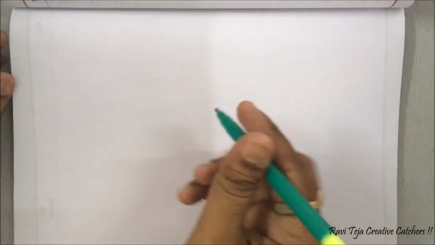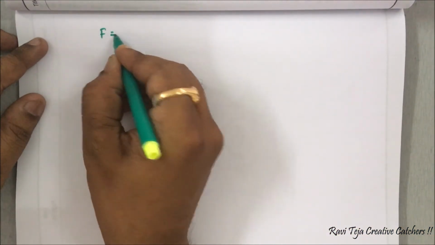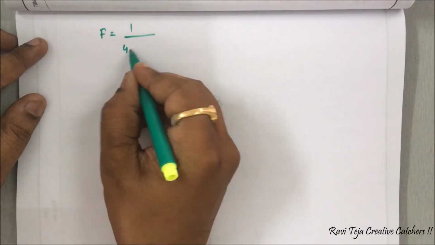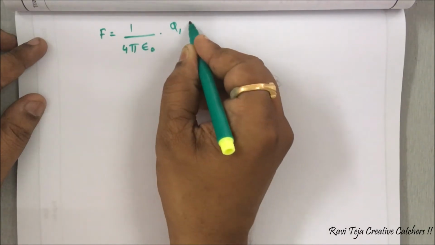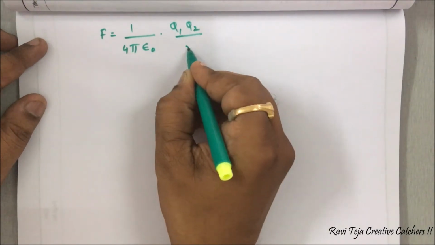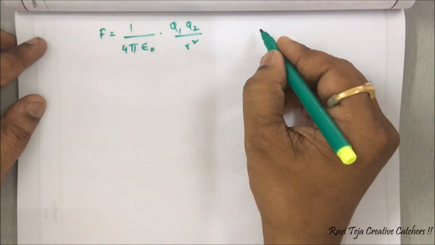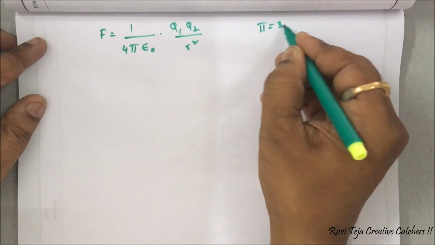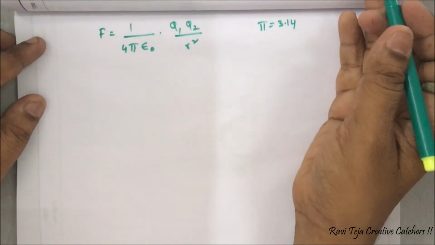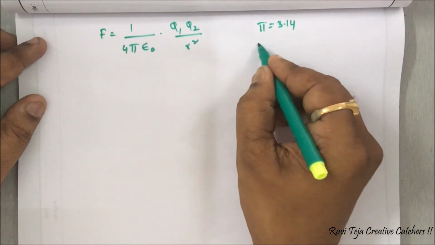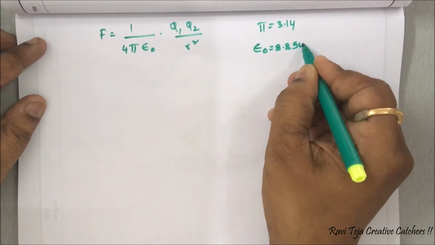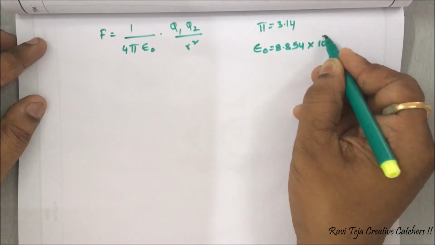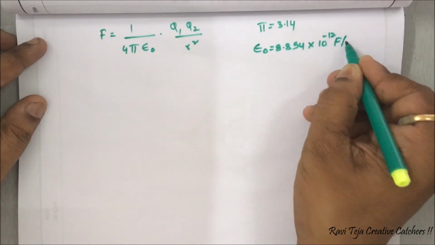Okay, so what is the formula? F equal to 1 by 4 pi epsilon naught into Q1 Q2 by R square. Pi can be written as 3.14. Epsilon naught value is 8.854 into 10 power minus 12 farads per meter.